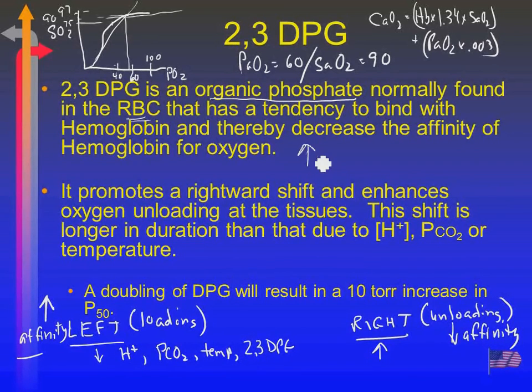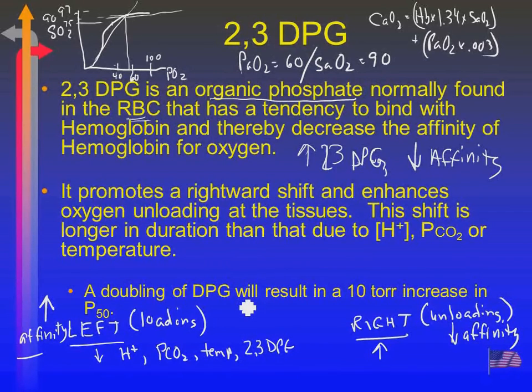High levels of 2,3-DPG will cause a decrease in affinity for oxygen. So saturation goes down. Basically facilitates unloading. And it has a little bit of a longer duration, but for our purposes, that's not a big deal.